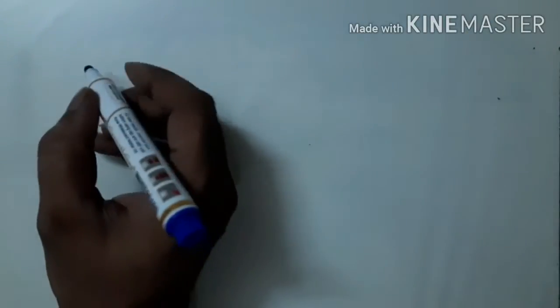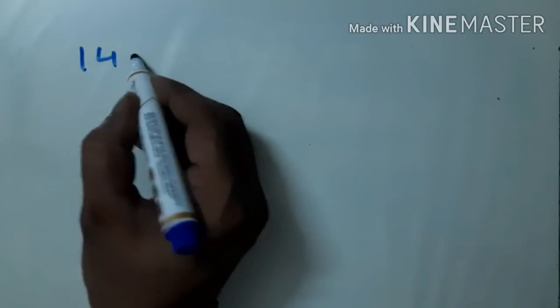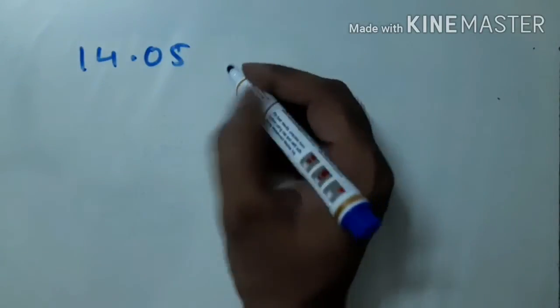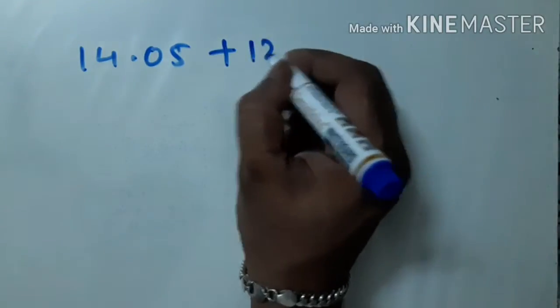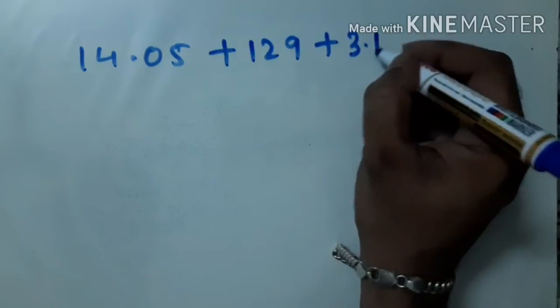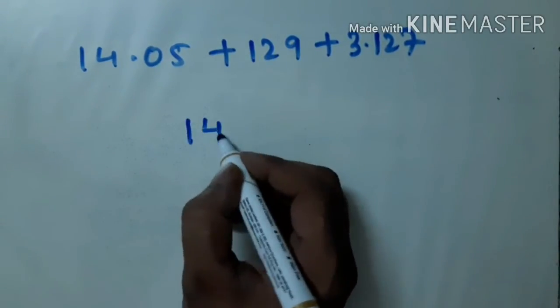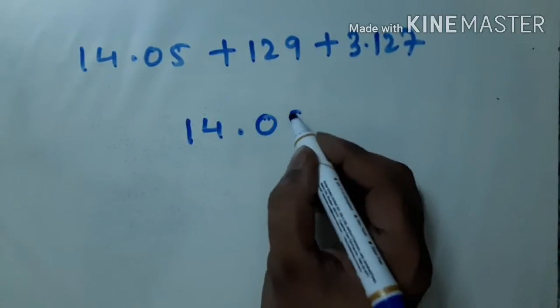Let's take one more. So let's take 14.05 plus 12.129 plus 3.127. So here it is a combination of unlike decimals and a whole number also.